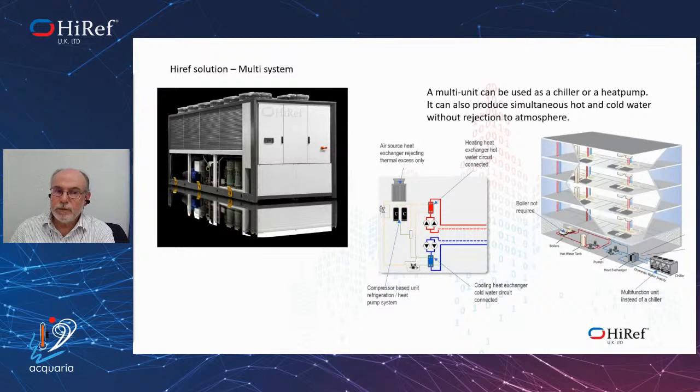So you end up with a variable unit. So instead of the heat pump, where you've got to heat, switch off, turn it off, and then it goes on to cooling and then comes back on again, you end up with that deadband.